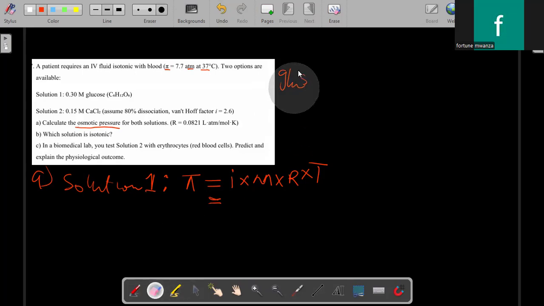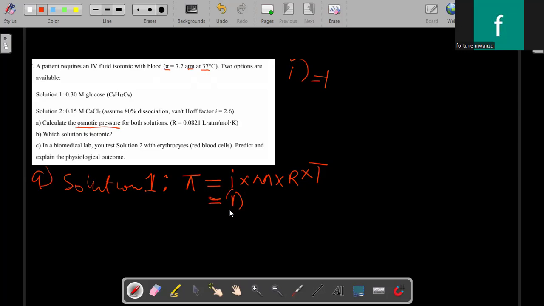It remains as one molecule, meaning the Van't Hoff factor i for glucose is going to be 1, because it does not dissociate. So here, where you have the Van't Hoff factor, we put a 1 for glucose.